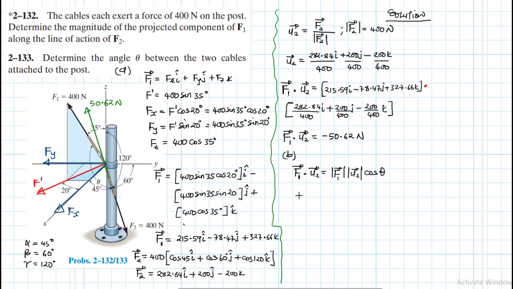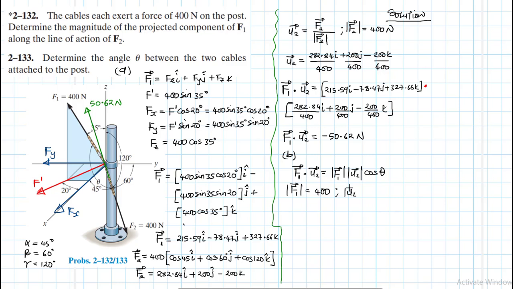We know that the magnitude of F1 is already given in the problem. What's the magnitude? 400. You don't have to calculate anything. It's given already. You just have to pick it.